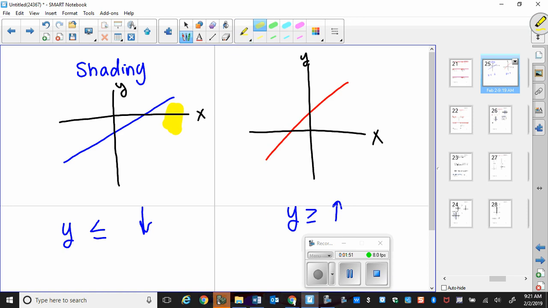Below the line, here are all the solutions that are a part of that line. And this is equal to, so the line itself is included. Any points on the line itself are included, and any points in the shaded area are included as well. On the other hand, for greater than or equal to, any points on the line or above the line are included.